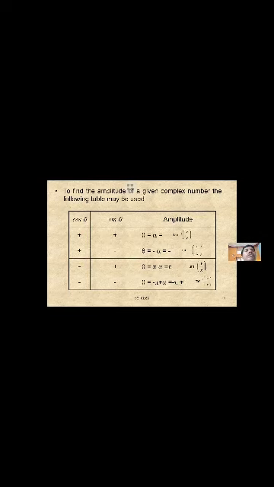If cos theta is negative and sin theta is positive, then theta equals pi minus alpha, that equals pi minus tan inverse of y by x.